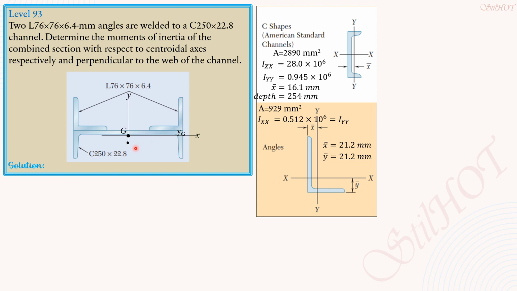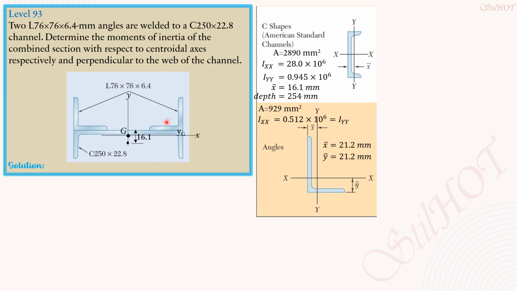For the location of the centroid of the channel, it is barred X below this reference axis. So this is 16.1 mm as shown. That's barred X for the channel.